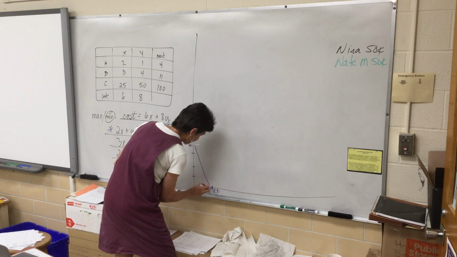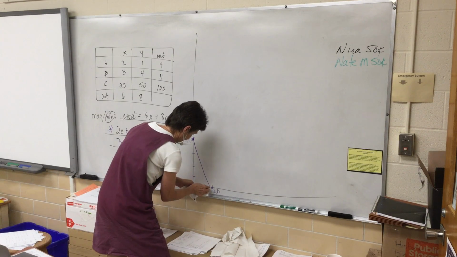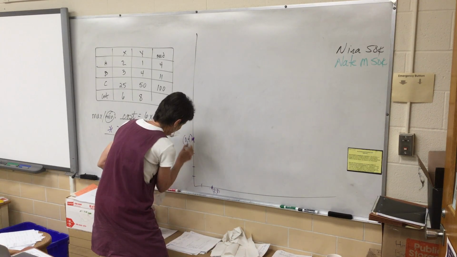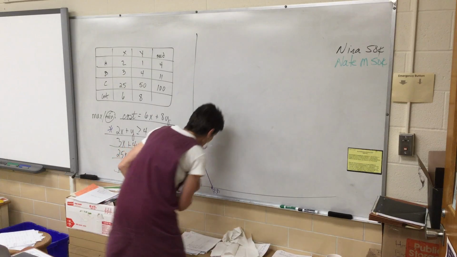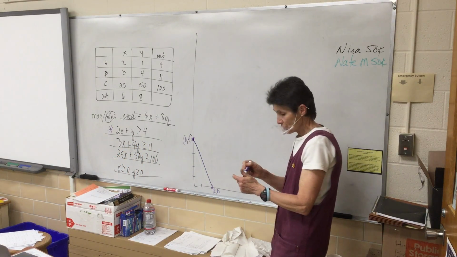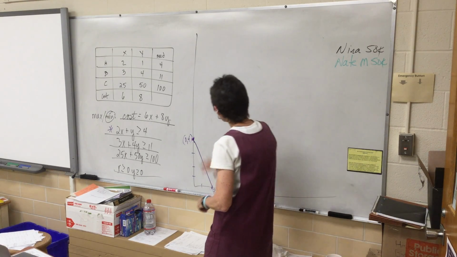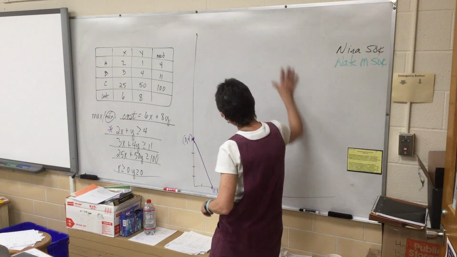Connect them. And where do I shade? I shade above. So while we're kind of used to shading that little triangle, not this time, we're shading out. I'm not, because it makes a mess on the board, but this is where we're shaded out here.